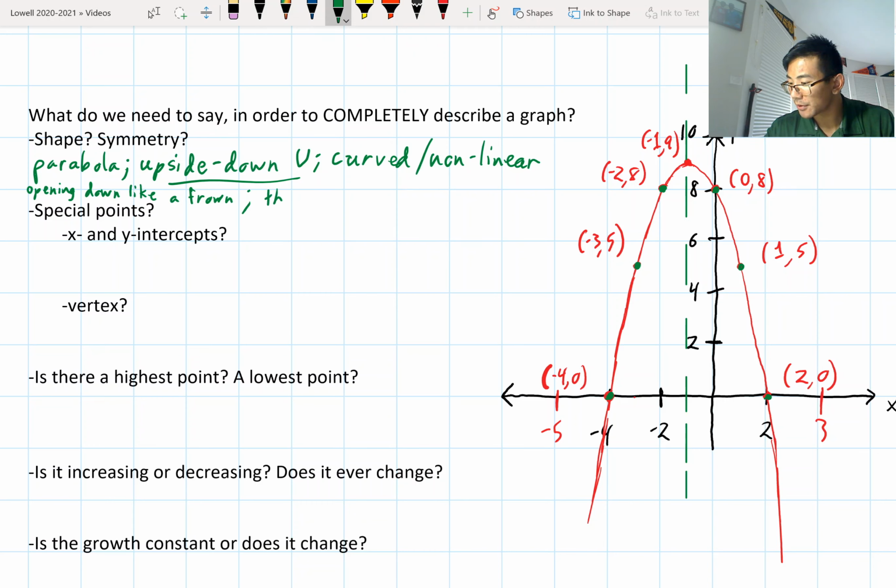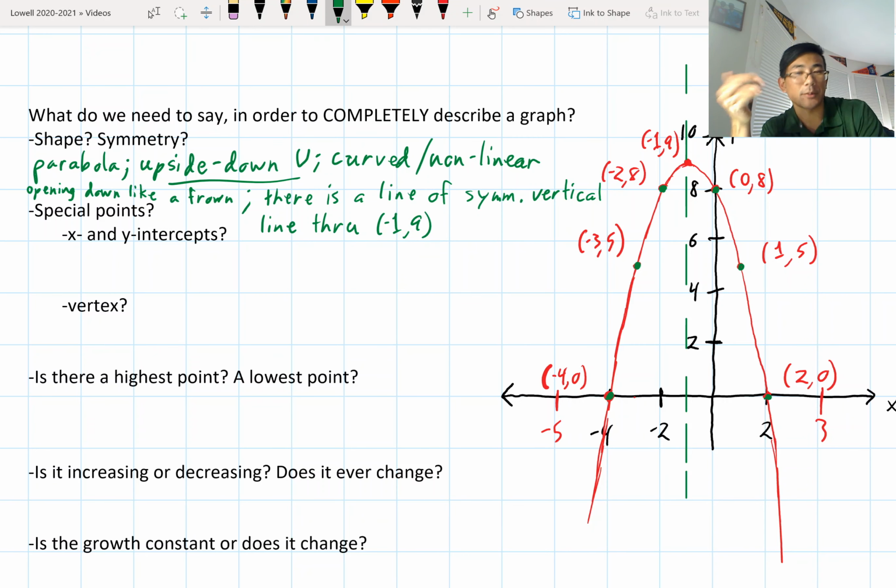There is a line of symmetry. I'm going to abbreviate it SYMM. It's a vertical line. I will say a vertical line through the point -1, 9 to tell us where it is.